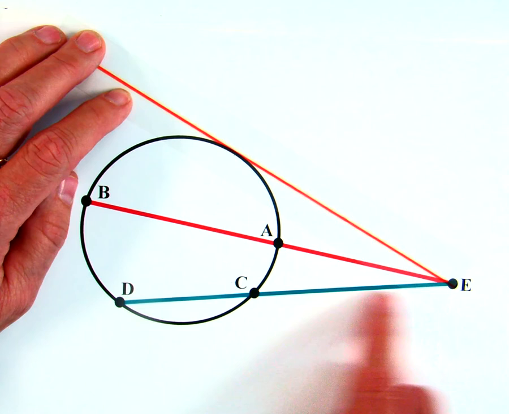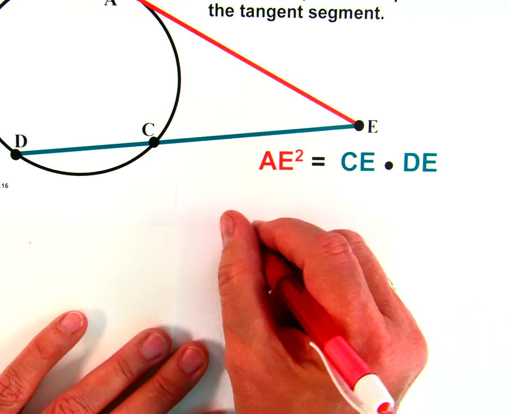And let's notice another thing about this, which I was about to say too early. That is, where did this come from? Let's see, this was AE times AE. That's what squared means, but you already knew that.